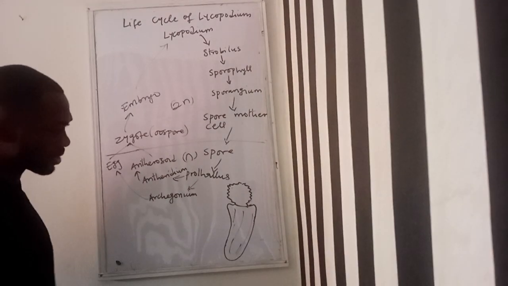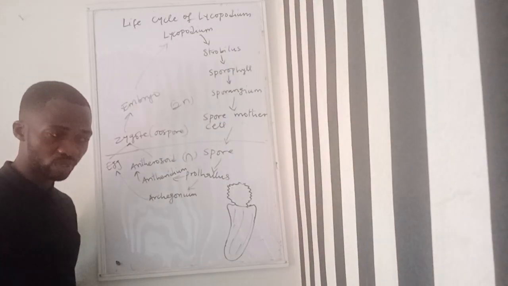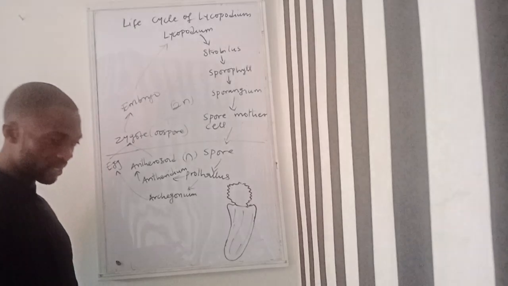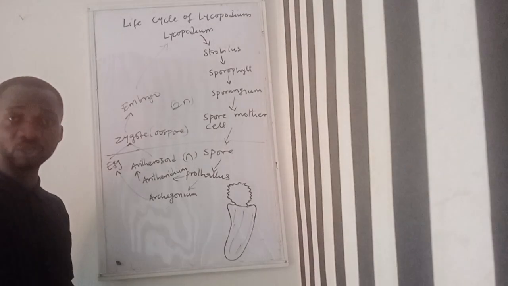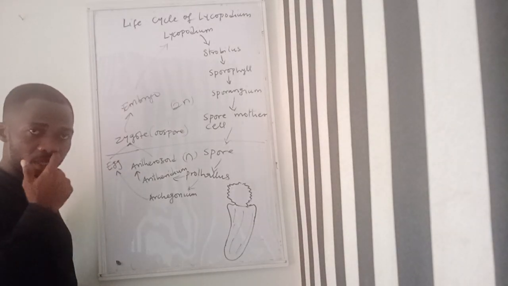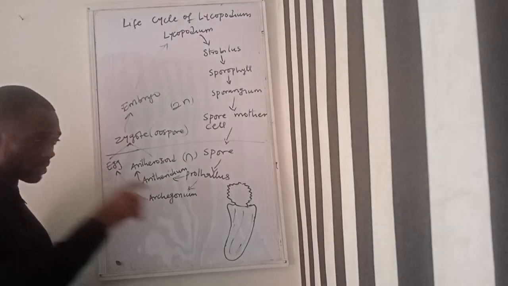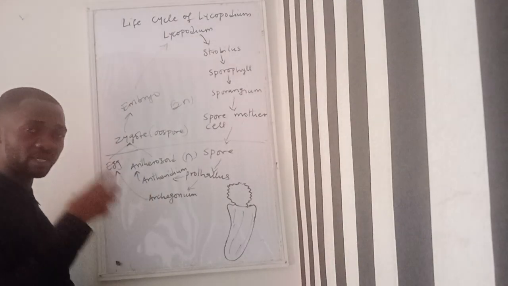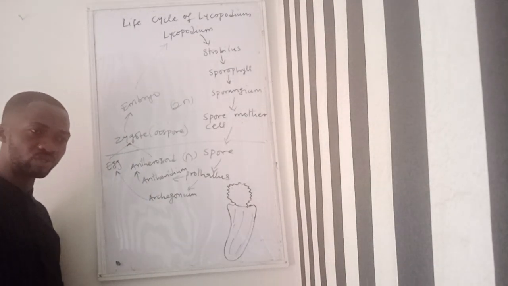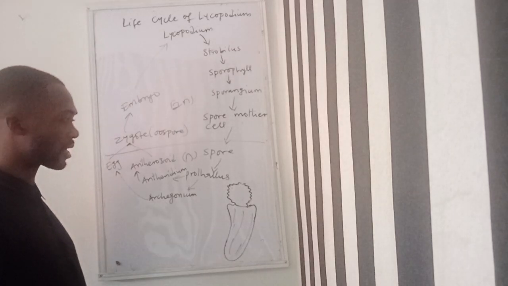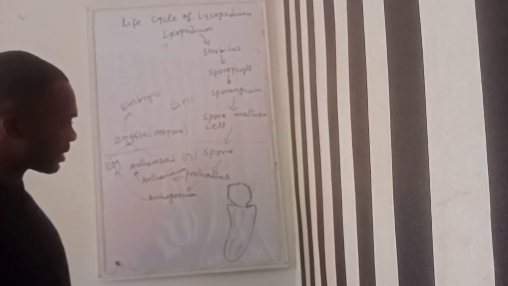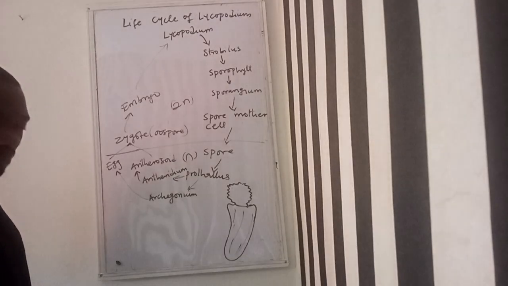So it results in distortion in the growth of the prothallus. So this is the prothallus. The growth and the function of the prothallus is usually affected by fungal infection. It is an exam question that somebody can ask you as students who are writing an exam.